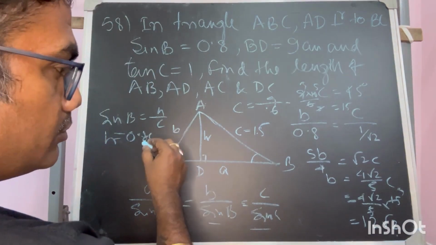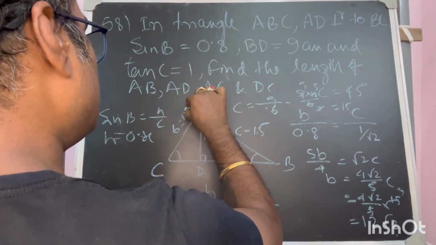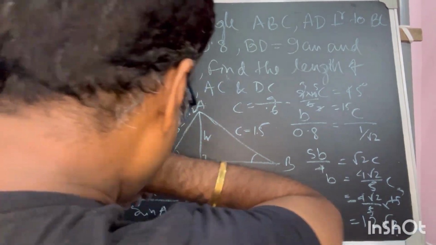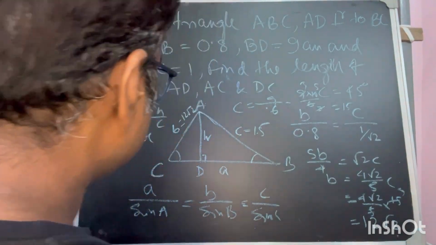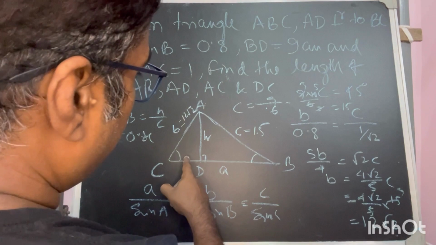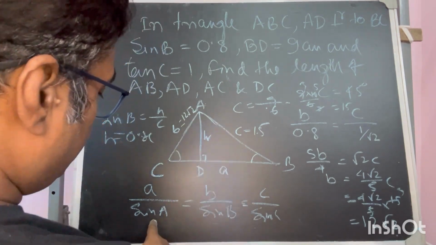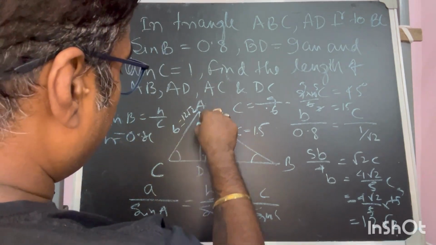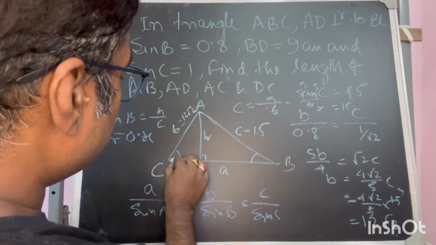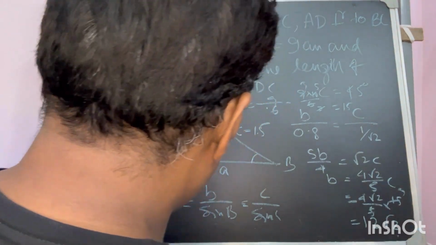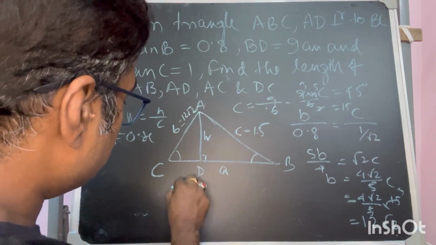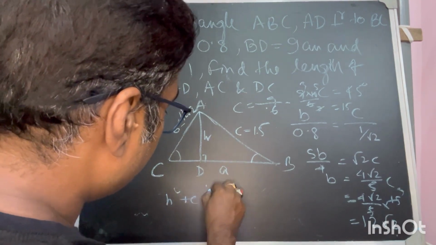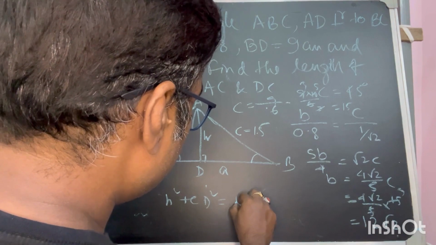So B is equal to 12 root 2. And A you don't know the angle, so from there this part also you can calculate. Okay, so this is over. From this triangle, H square plus CD square is equal to B square.